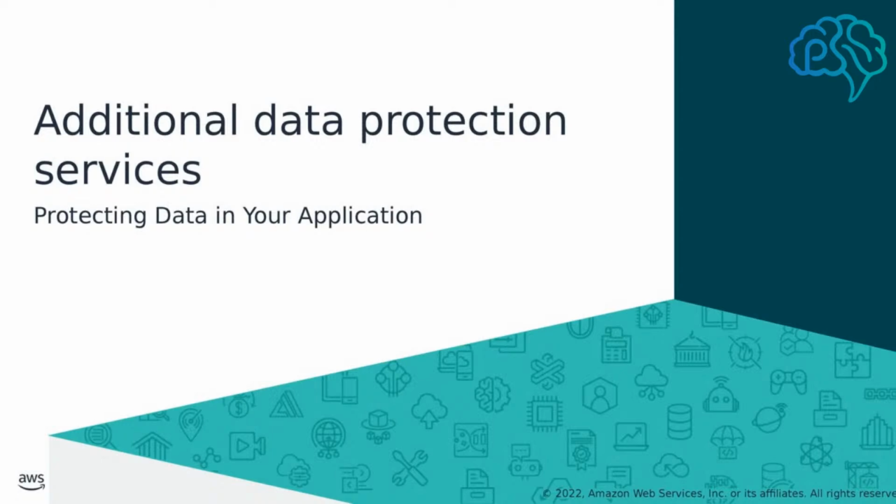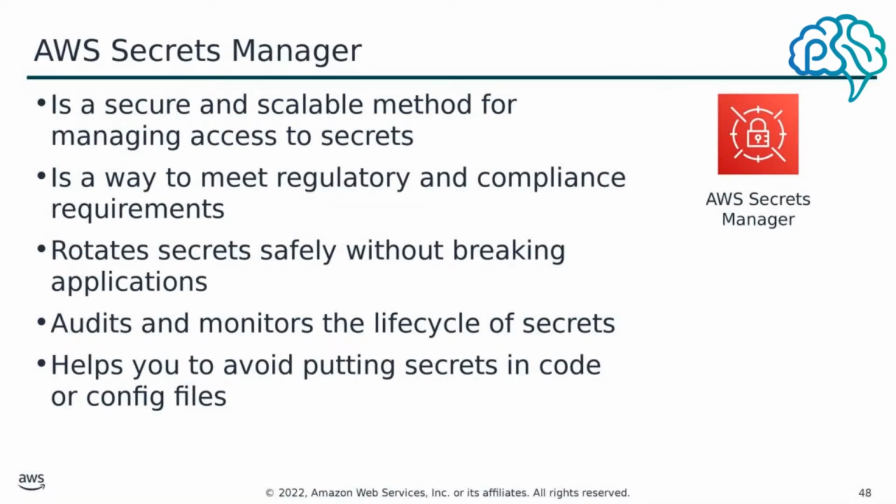Okay, what about additional data protection services here? Another data protection service is Secrets Manager, which makes it easier to manage secrets. And these could be, let's say, database credentials, passwords, third-party API keys, or even just random text. And you can actually access these via the AWS CLI, API, or SDK.